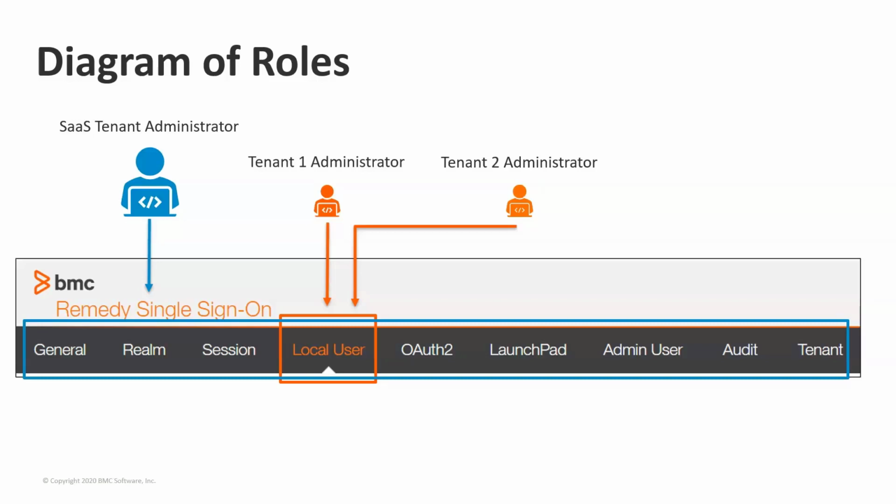The sysadmin, as you can see in our Remedy single sign-on tool panel, has the full privileges to the application console, whilst on the other hand, the tenant 1 and 2 admins basically have limited scope to the local user section, which allows the tenant admins to create, edit, or delete users and groups for the one or more existing realms that could be inside the tenant.